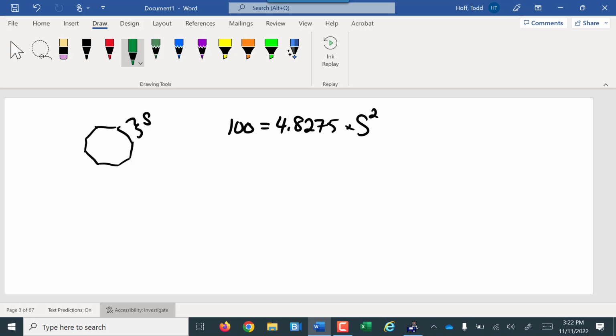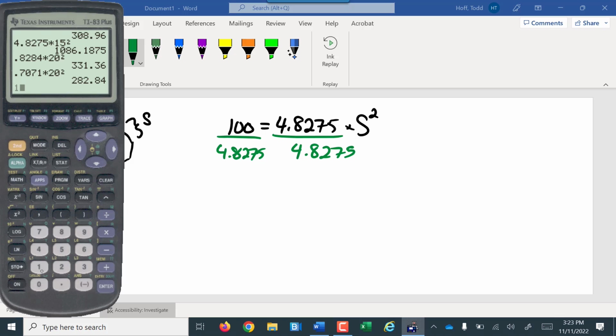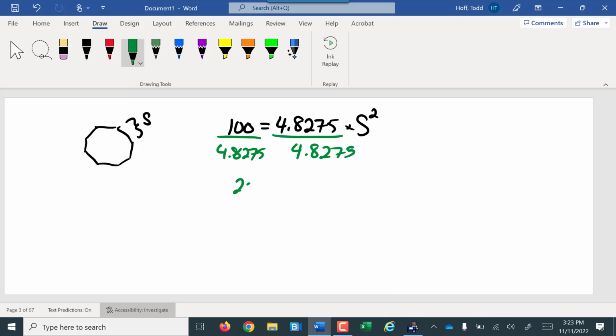You're exactly right. What are we going to do? Other way around. Divide by the 4.8275. So 100 divided by that gives us that S squared is 20.71. And then what?